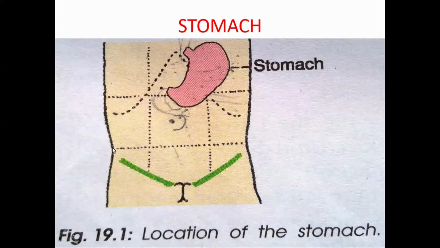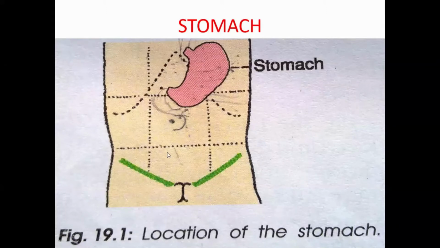So the lower horizontal plane passes through the tubercle of the iliac crest, and its vertebral level is the upper border of L5. Now these 4 lines divide the anterior abdominal wall into the 9 regions.